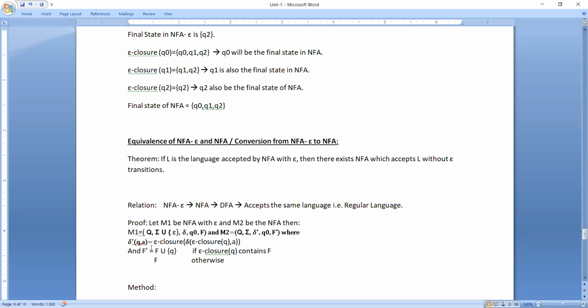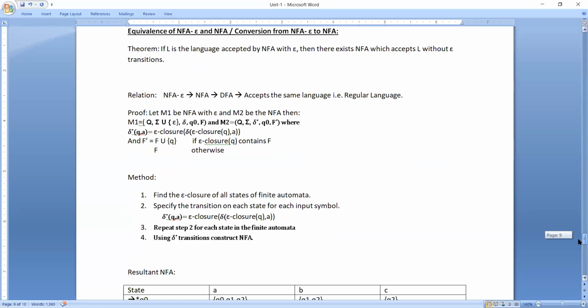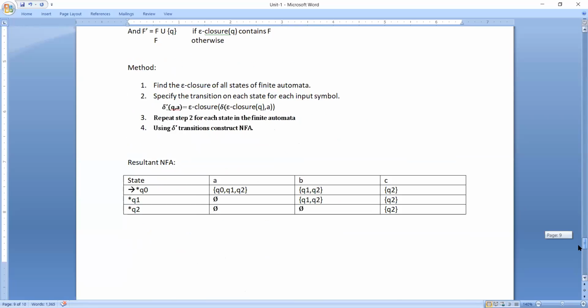As I just told you, a state will be a final state if and only if the epsilon closure of that state contains F. Otherwise, the same state remains a final state. So this is one small theorem. If you understand the conversion process, you can easily understand this entire thing.